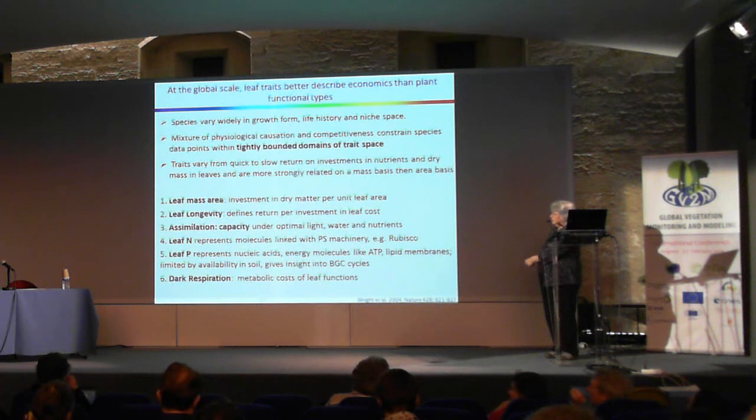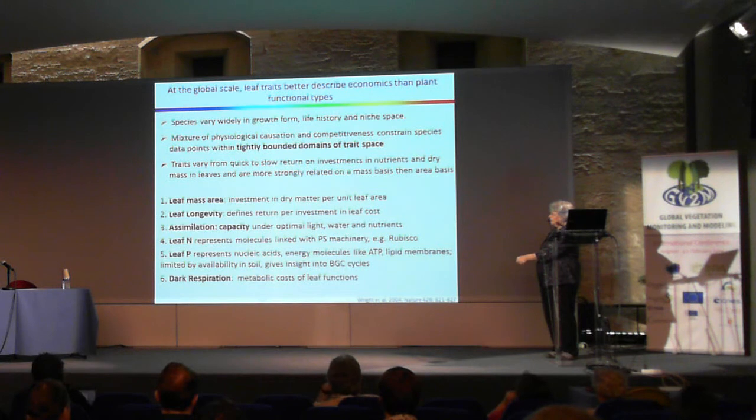So for a continuum from low to high assimilation rates, leaf nitrogen represents the molecules that are associated with photosynthetic machinery, like rubisco. So if you have a high leaf nitrogen concentration or content, you also have a high potential for photosynthesis.